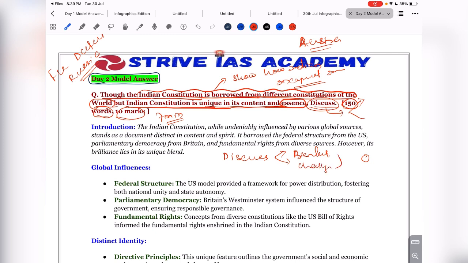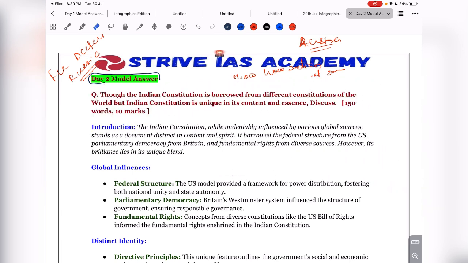On the basis of that, you ultimately take the decision whether you will go for this food or that food. Just like that, whenever there is the word discuss, you have to discuss both the positive aspect as well as the negative aspect and ultimately give a conclusion. So discussion means we first discuss the topic with positive and negative aspects, and at the end we take a decision. That should be your answer.